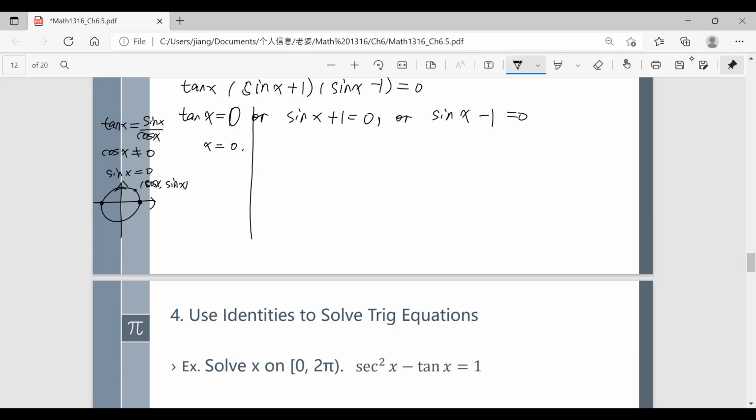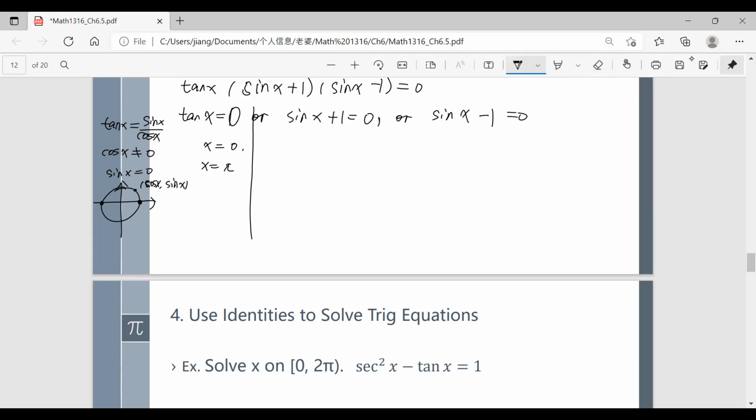This one, x equals pi. So this is the solution for tangent x equals 0.